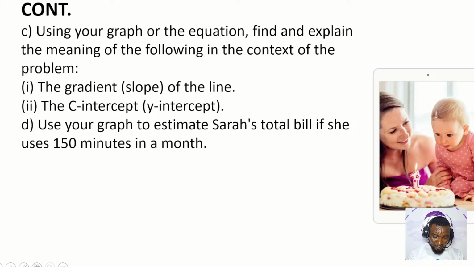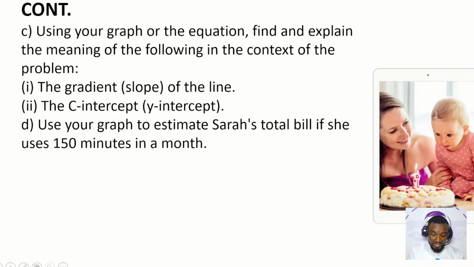So we want to use a graph to find and explain the meaning of the following in the context of the problem. What does the gradient of the line of your graph mean in terms of the cost of the phone call and the number of minutes? And then the C intercept, right?